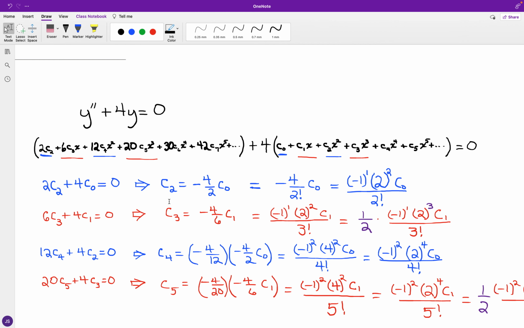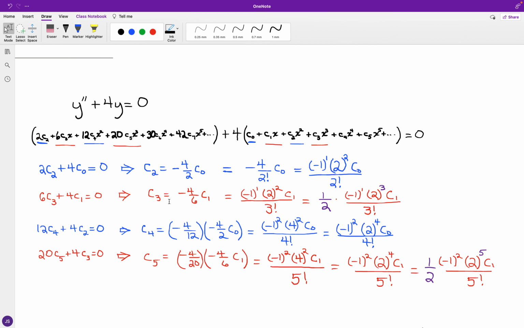Just like in the first order differential equations, we have been using factorials, and now a pattern is going to be constructed. Right now, c sub 2 is equal to negative 4 over 2 factorial times c naught. And c sub 3 is negative 4 sixths c sub 1, which is negative 1 to the first times 2 squared over 3 factorial c sub 1.